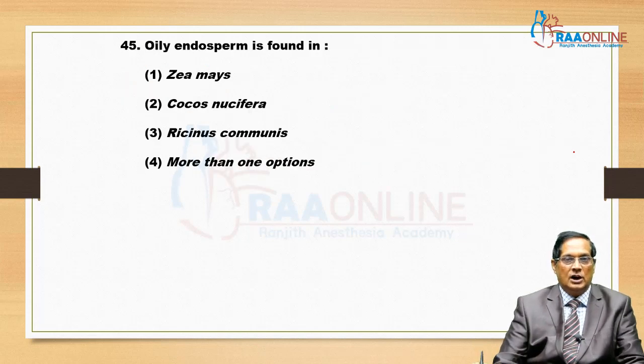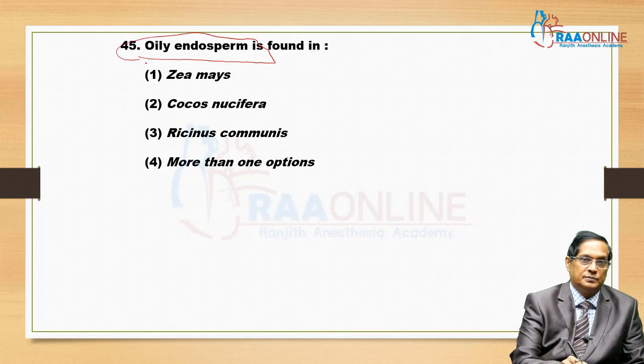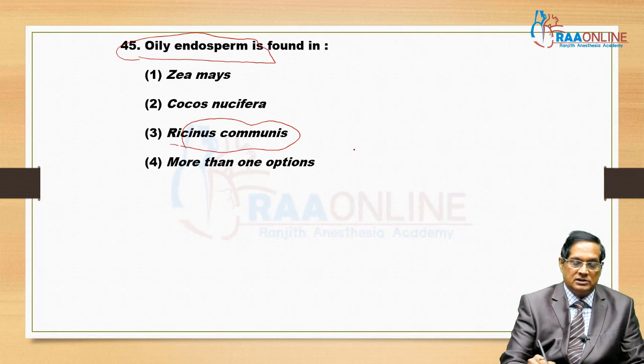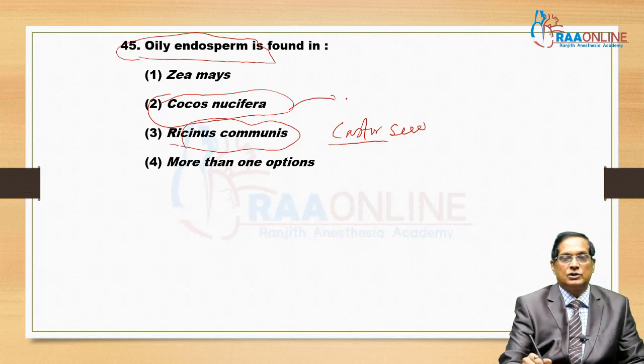And the last one, oily endosperm, or oil containing endosperm. It is found in Ricinus communis, the castor seed. And one more, Cocos nucifera, the coconut. After maturity it becomes oily.